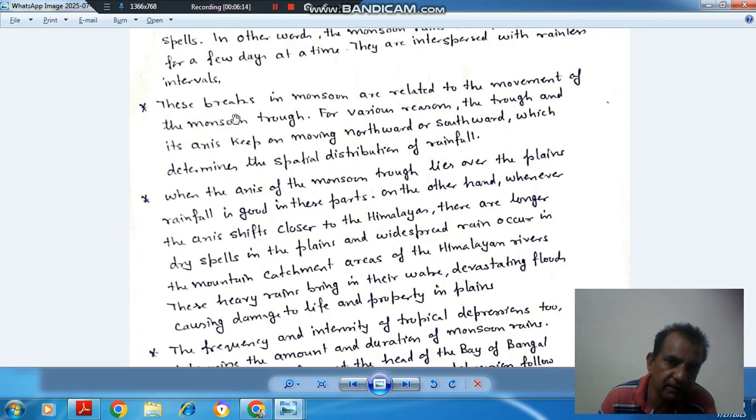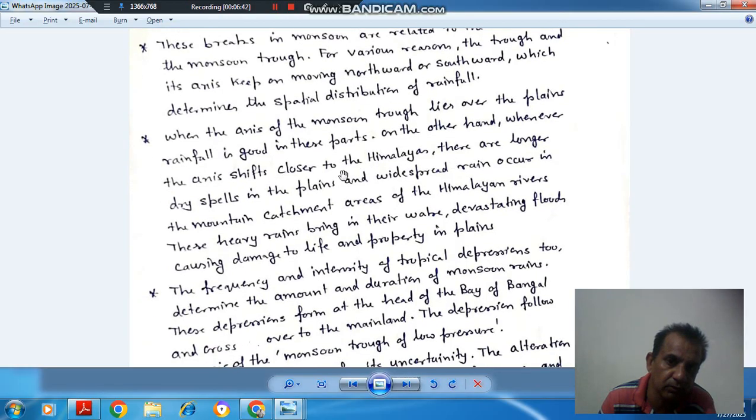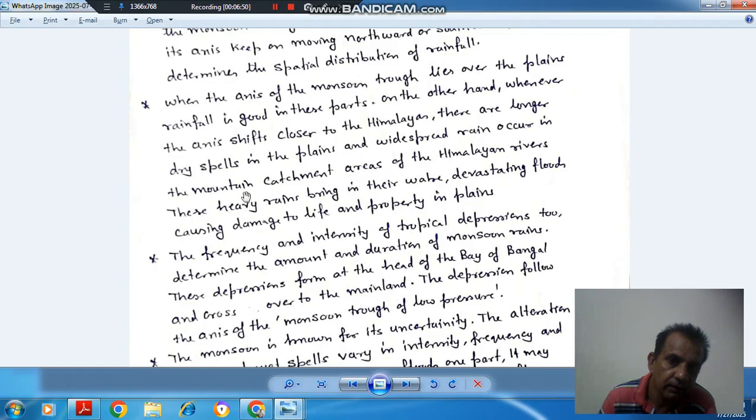Next point is these breaks in the monsoon are related to the movement of the monsoon trough. For various reasons, the trough and its axis keep on moving northward and southward, which determines the spatial distribution of rainfall. When the axis of the monsoon trough lies over the plain, the rainfall is good in these parts. On the other hand, whenever the axis shifts closer to the Himalaya, there are longer dry spells in the plains and widespread rain occurs in the mountain catchment area of the Himalayan region.